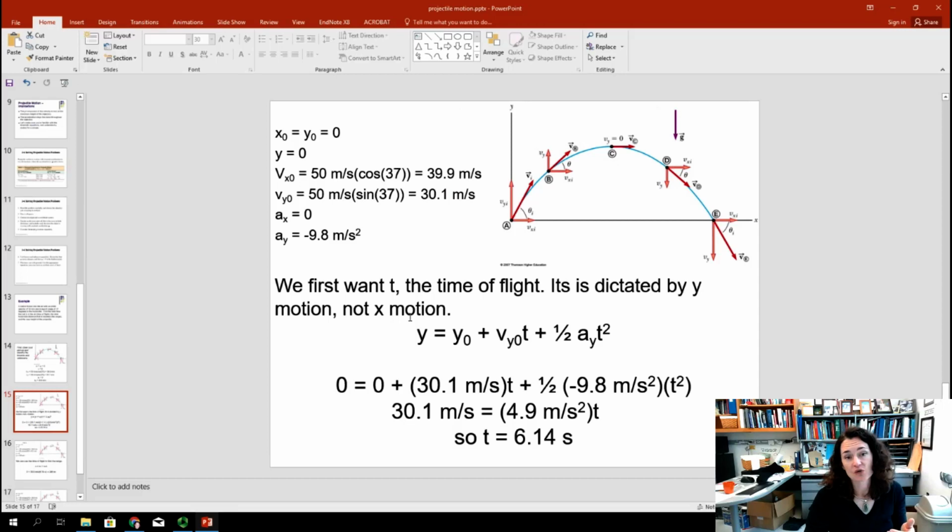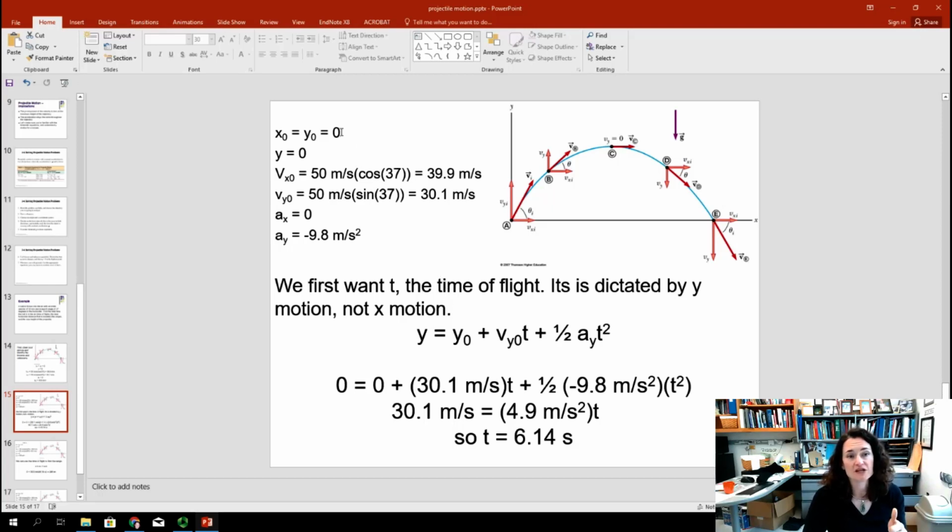Okay, so the first thing that we want is the time of flight, t. That's an unknown, all right? Now your time of flight is always going to be dictated by your y motion, okay? How long it's in the air depends on what's going on in y. So we're going to look at our equations for the y direction.